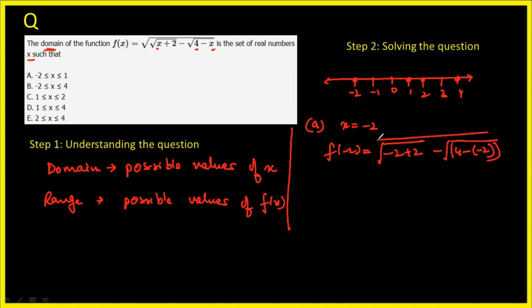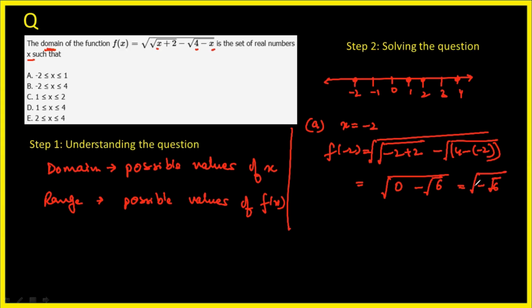Now -2 plus 2 is 0, square root of 0 is 0, minus the square root of 4 plus 2, which is square root 6. So 0 minus square root 6 is minus square root 6, under the root.